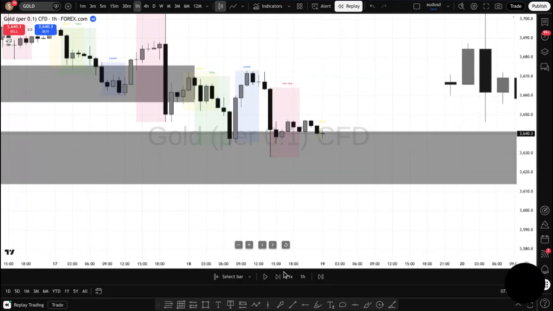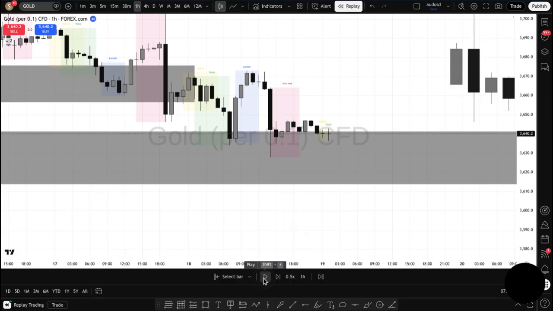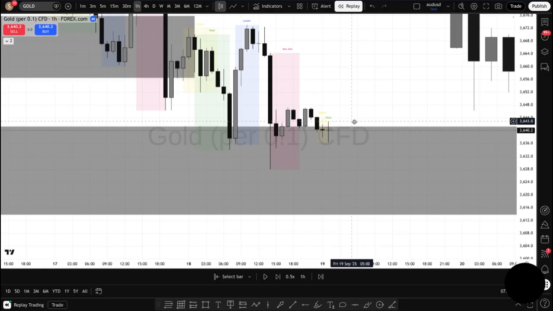Let me reduce the speed and let's play it out and see. First of all, because we are looking to buy from this point of interest, what we want to see is price creating, on this 1 hour lower time frame, higher highs and higher lows, order flow structures. Order flow is not just about seeing price creating higher highs and higher lows.